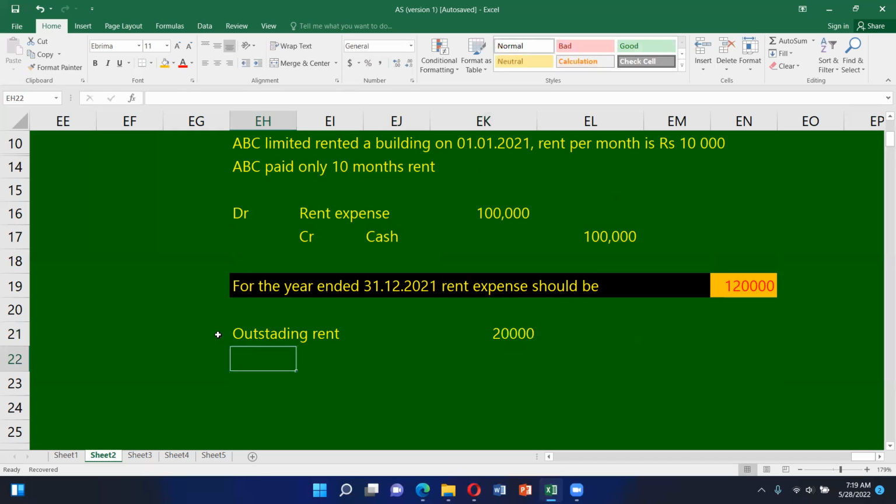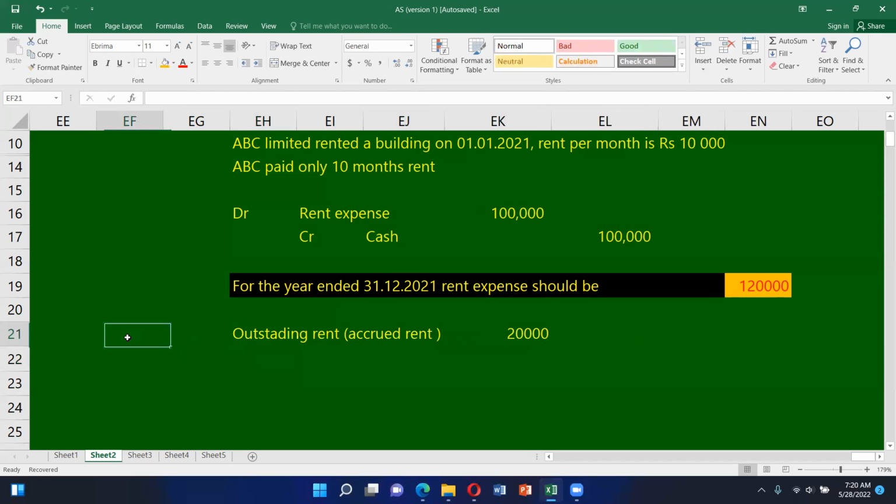That is called accrued rent. That's called accrued rent. Okay, so that is an adjustment.